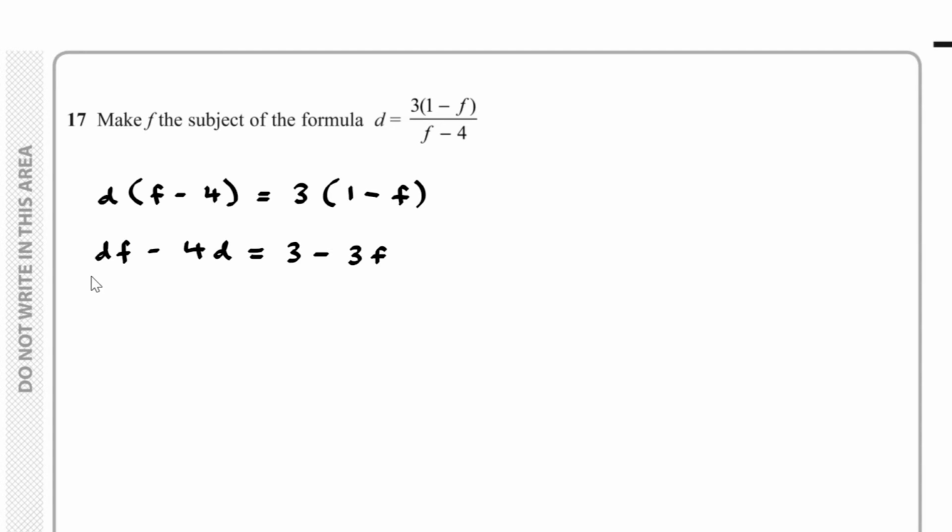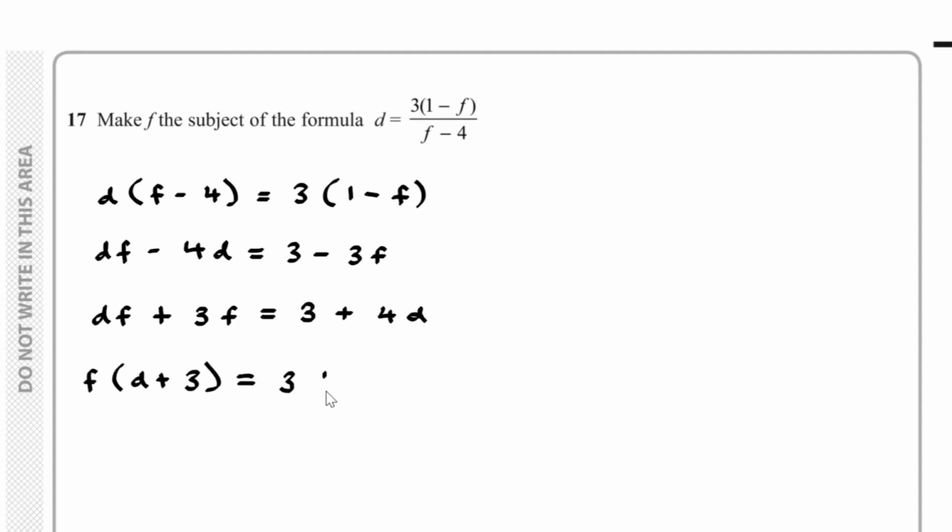Everything with an f on one side, everything that's not an f on the other. We've got df plus 3f equals 3 plus 4d. And if I factorize on the left, I've got f lots of d plus 3 equals 3 plus 4d.